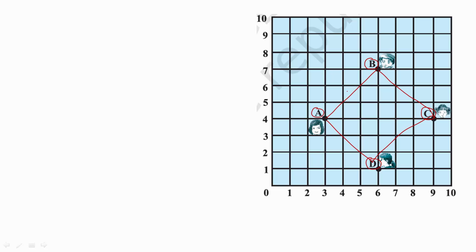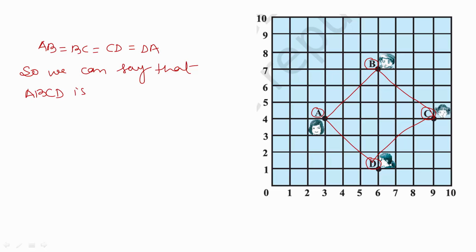If all distances AB, BC, CD and DA are equal, then we can say that ABCD is a square.